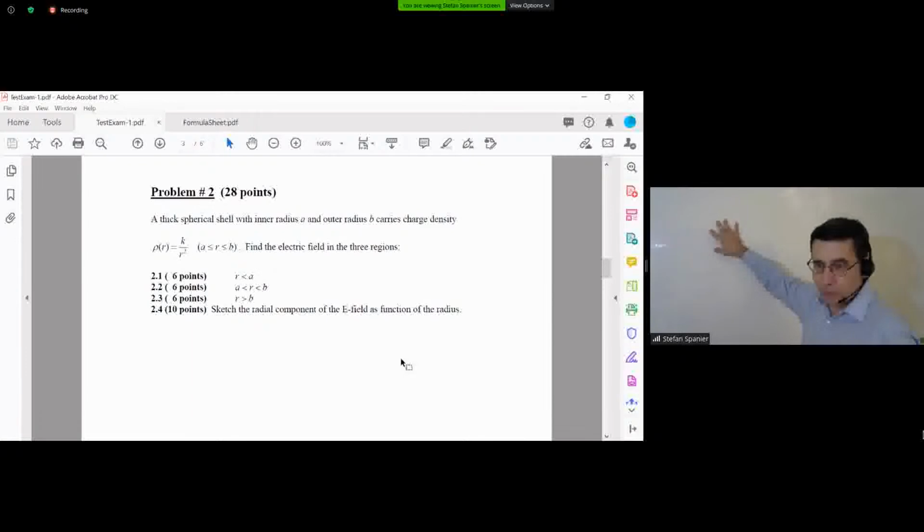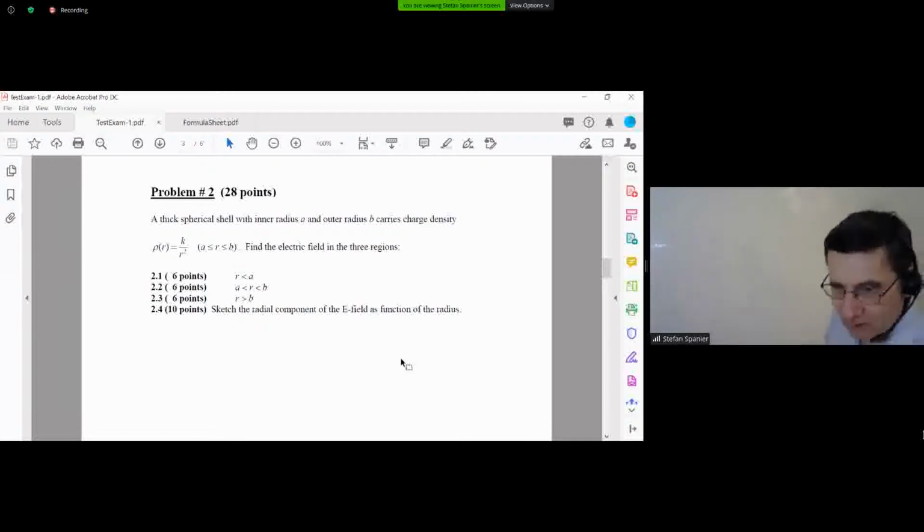Of course, you could have guessed the two zones just by looking at the problem. Inside, you know, is 0, so this one is fine. Outside, we know it should look like a point charge, because it's 1 over r squared, because now we have all the charge enclosed. It's spherically symmetric. As we go away, we expect it to be 1 over r squared. This you get right. So the tricky part is really just the in-between part.